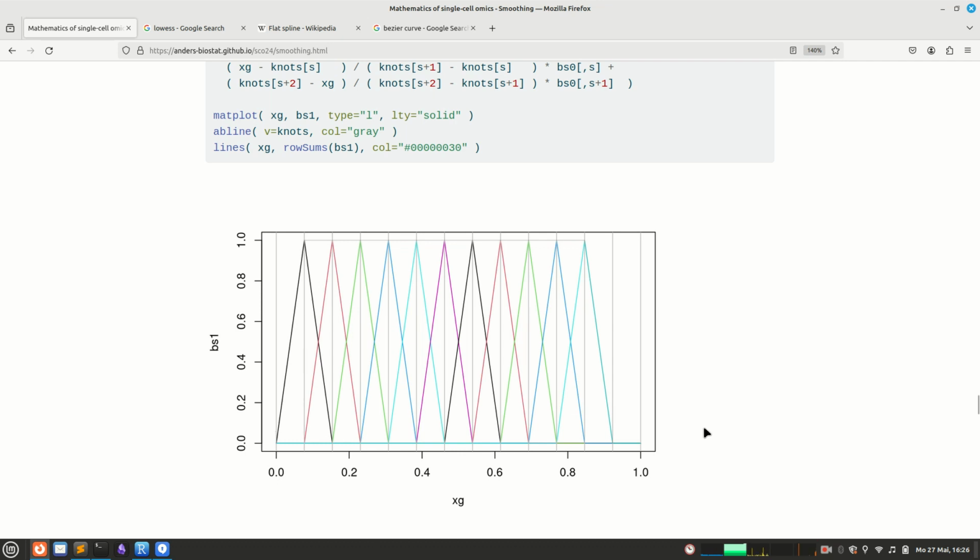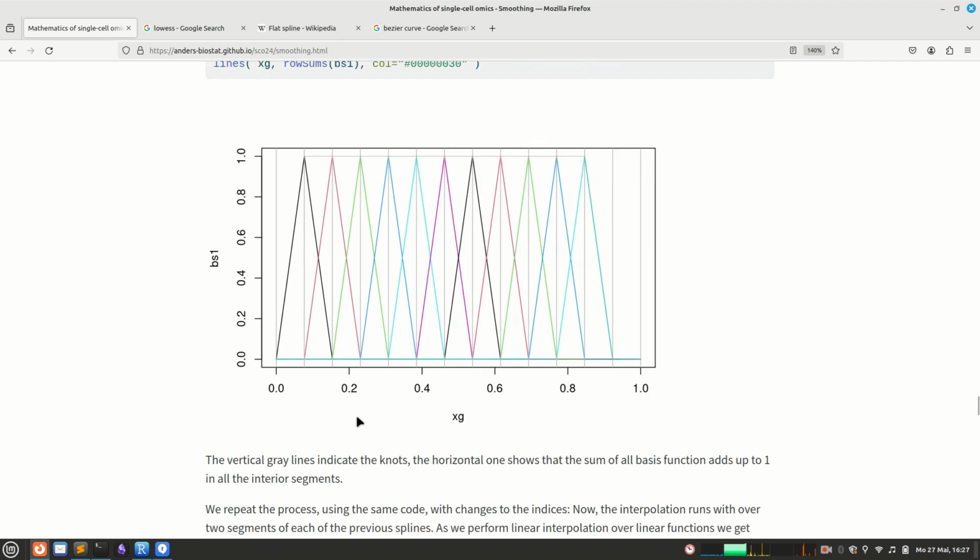And now we repeat this process and say we interpolate between the black one and the red one, going up with one and down with the other. So we make a new function which lets t go from 0 to 1, and for t equals 0, we have 100% black and 0% red, and for t equals 1, it's 100% red and 0% black, and with that we let t run from here to here to get a function which goes over this thing.